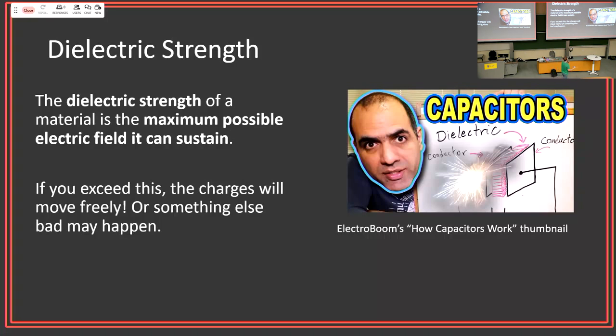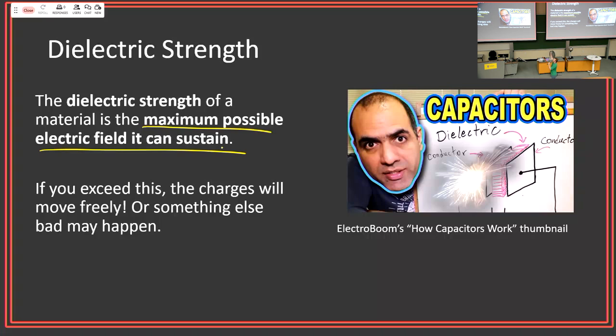And this is what we call the dielectric strength. It's technically the maximum possible electric field that a dielectric can sustain. Because inside a dielectric, it's little charges moving a little bit. They're kind of spinning on their axis or something to align with an electric field.